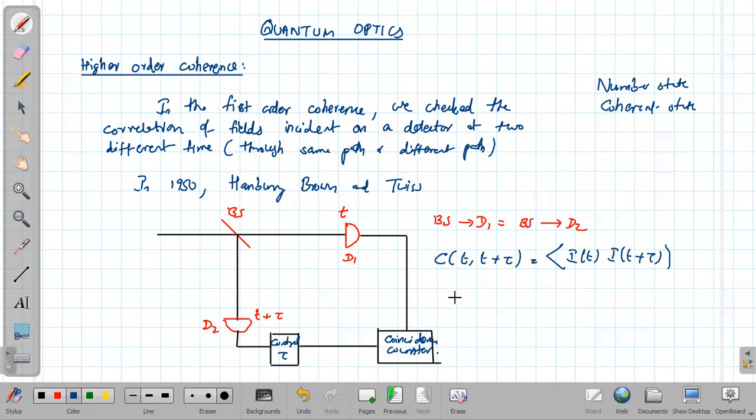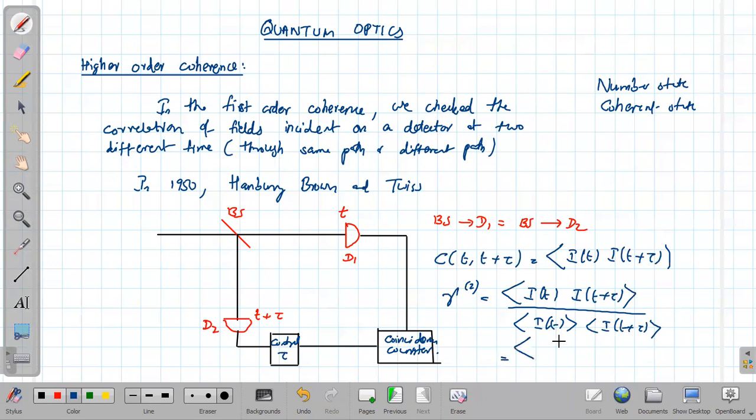The classical second order coherence function gamma 2 is equal to the average of the intensity at t and the intensity at t plus tau, divided by the average intensity at t and the average intensity at t plus tau. These would be the same, so this is equal to the average of the intensity at t and intensity at t plus tau divided by the average intensity at t, squared.